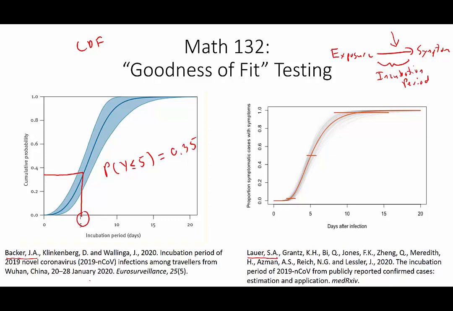So according to these authors' estimation, about 35% of all people infected with the disease will start to show symptoms 5 days or fewer after infection. That's slightly different than the estimate obtained on the right, where 5 was much closer to the median of the disease, but overall the graphs are still somewhat consistent with one another in shape and values.